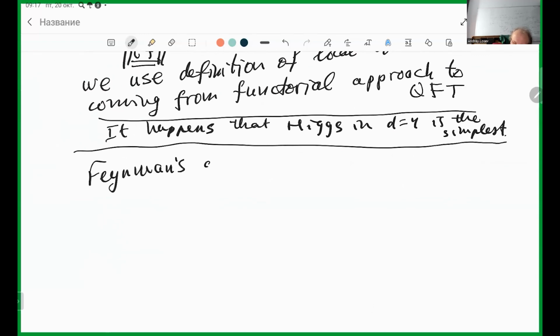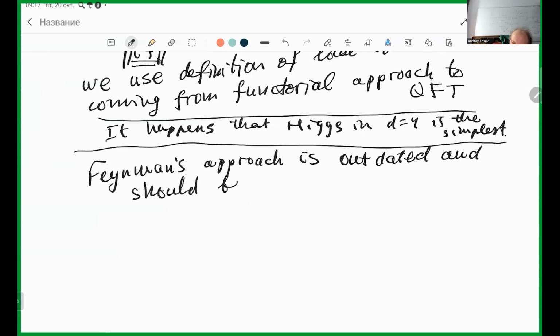Feynman's approach is outdated and should be replaced by a new approach.